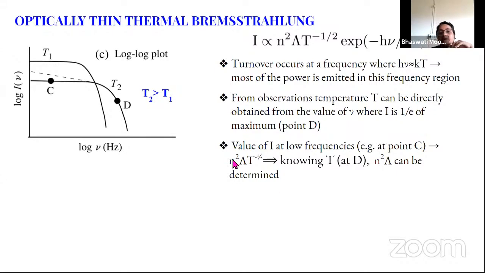So this tells you that by making observations in which I just measure the intensities as a function of frequency, I am able to determine the temperature as well as a quantity which is a product of the square of the number density and the length into the gas that I am observing, or from which this emission is coming.